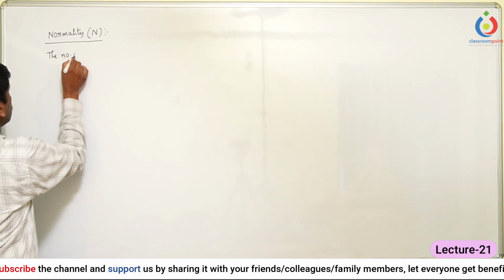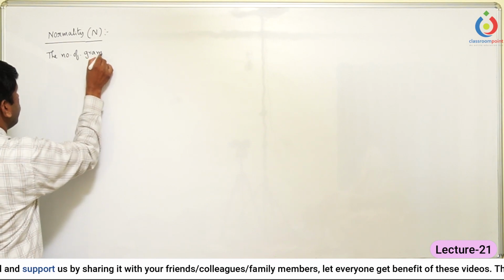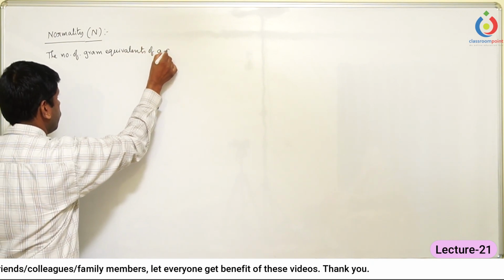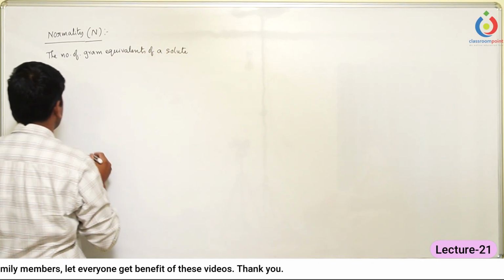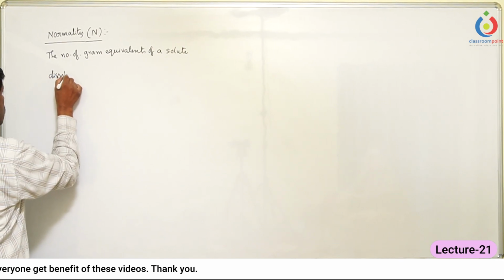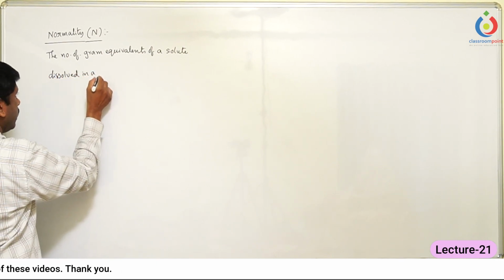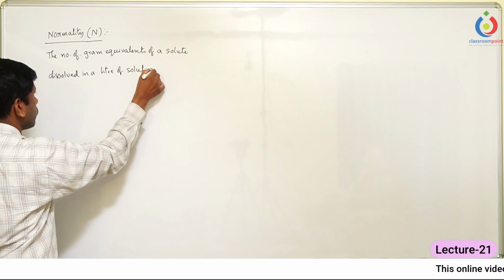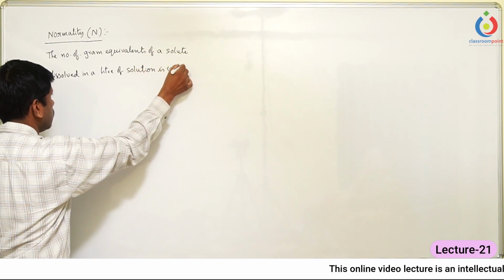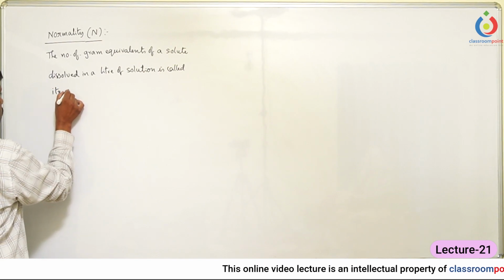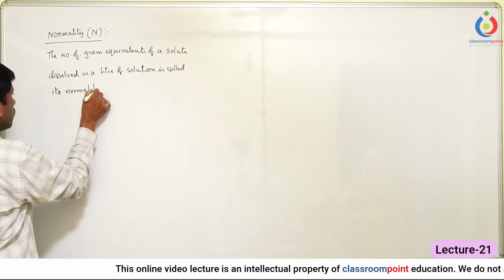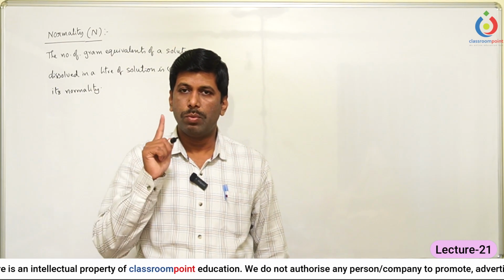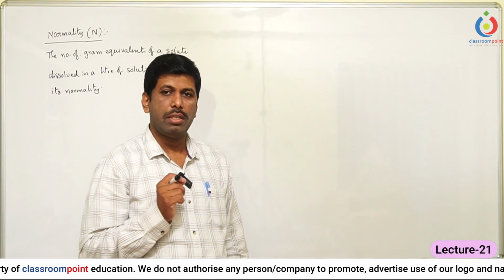The number of gram equivalents of a solute dissolved in a liter of solution is called its normality. So normality means whatever number of gram equivalents of solute is dissolved in 1 liter of the solution, that is called the normality.